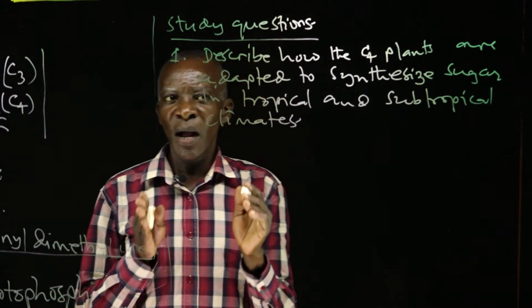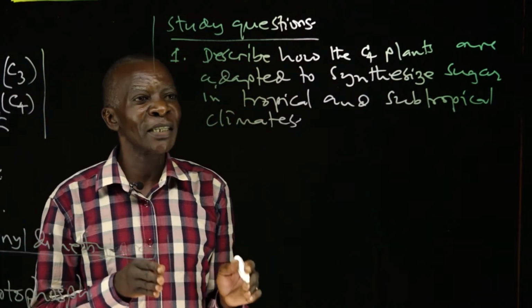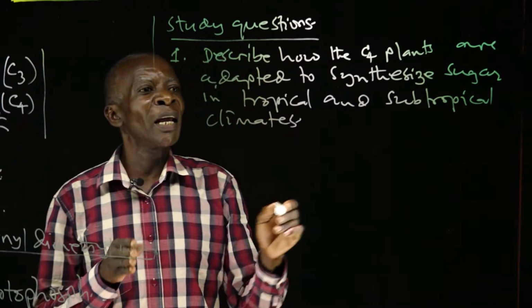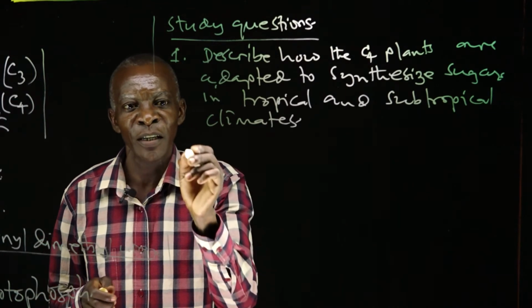Describe how the C4 plants are adapted to synthesize sugars in the tropical and the subtropical climates.